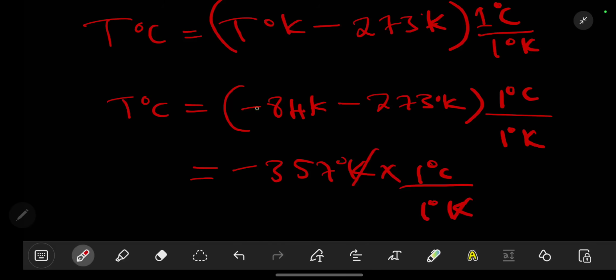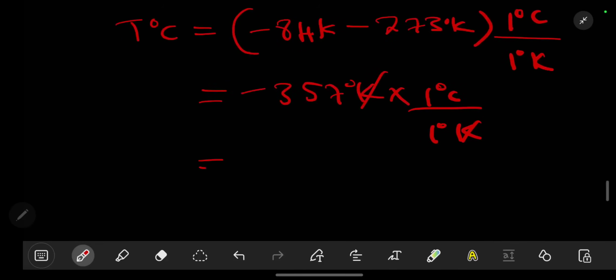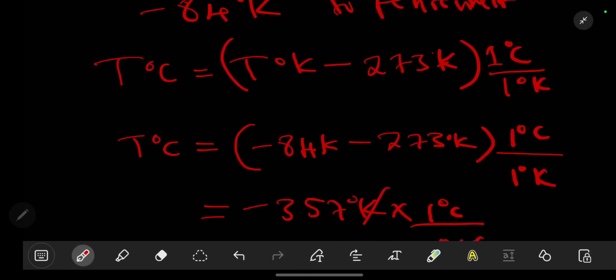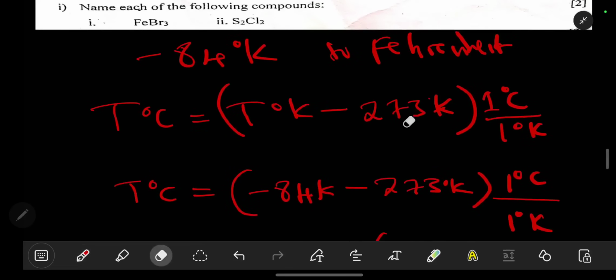But if it's not strict, you can just subtract, so you are going to have negative 357 degrees Celsius. This is the temperature in degrees Celsius. Oh, sorry, let me use the accurate one, which is 273.15 kelvins.